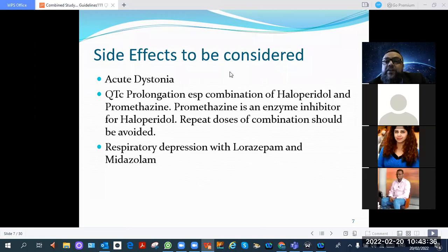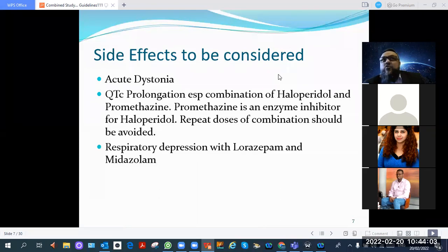But sir, the promethazine inhibits the metabolism of haloperidol. Yes, so in a way, it prolongs the action of haloperidol. But isn't that also toxic at the same time, causing QT prolongation and another intense need to monitor the patient? Very good point. Yes, we can, but beforehand we must have an ECG.